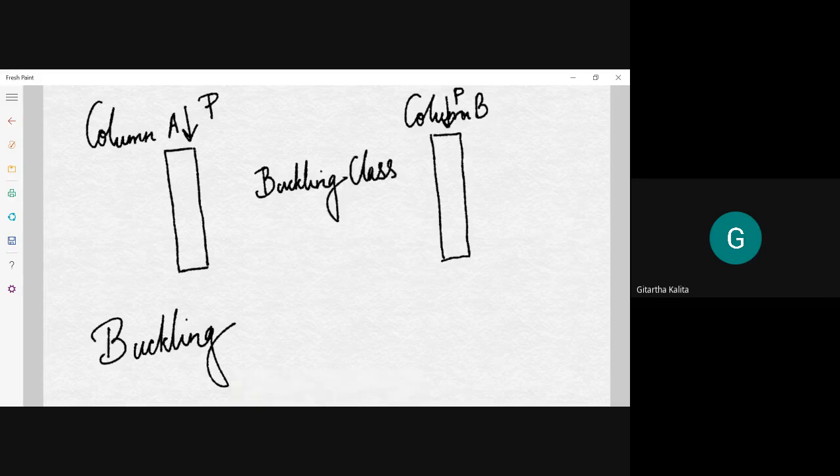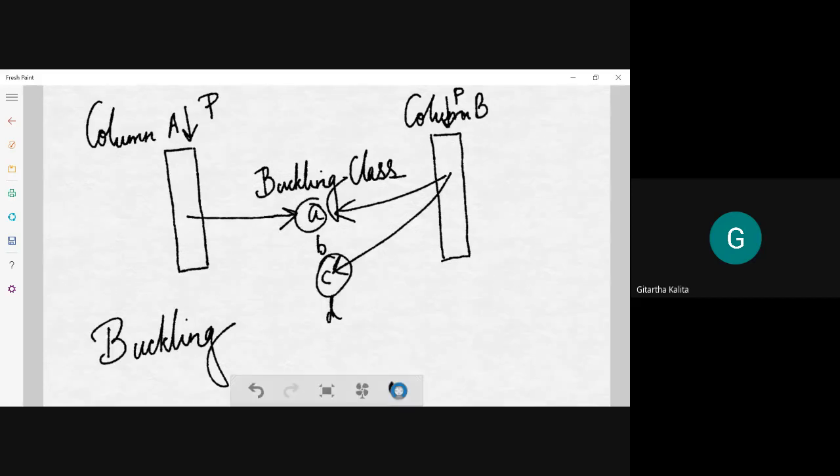The groups are divided into buckling class A, B, C, D. That means if column A and column B both fall in class A, then they will buckle in the same way. But if column A falls in category A and column B in category C, they will not buckle in the same way.